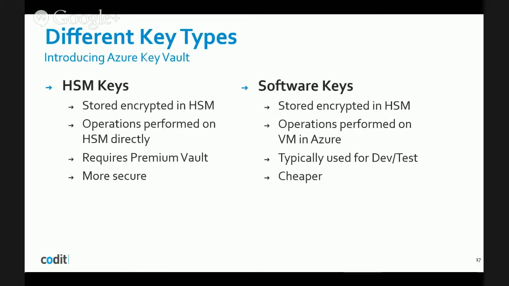The difference is with software keys, you have a VM, which is receiving the requests, performing actions on the key and the HSM, while a HSM key is working directly on the HSM, which is more secure because you lose the VM in between as a point where they can hack, or there's a party less in between. But on the other hand, HSM keys are more secure and also expensive.